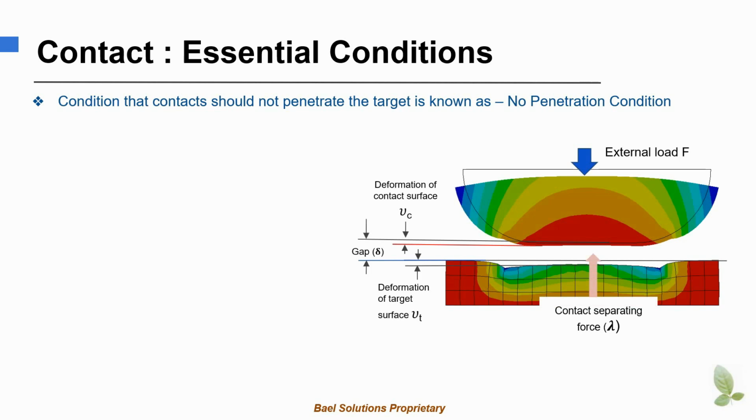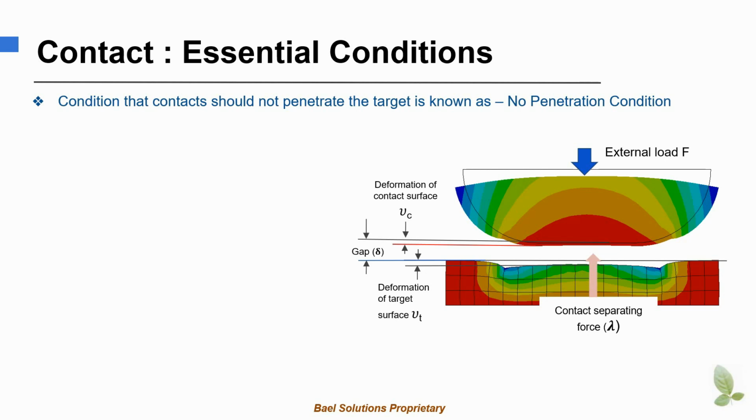Let delta be the gap between the undeformed contact and the target surfaces. Let nu C and nu T be the normal deformations in the contact and the target surface, respectively. Let F be the applied force on the contact surface, and let lambda be the separating force generated at the contact interface.